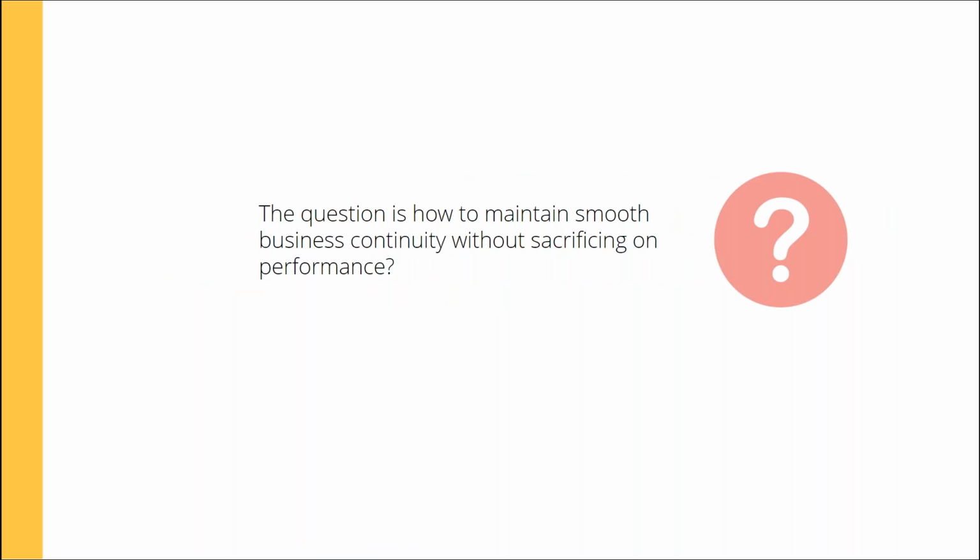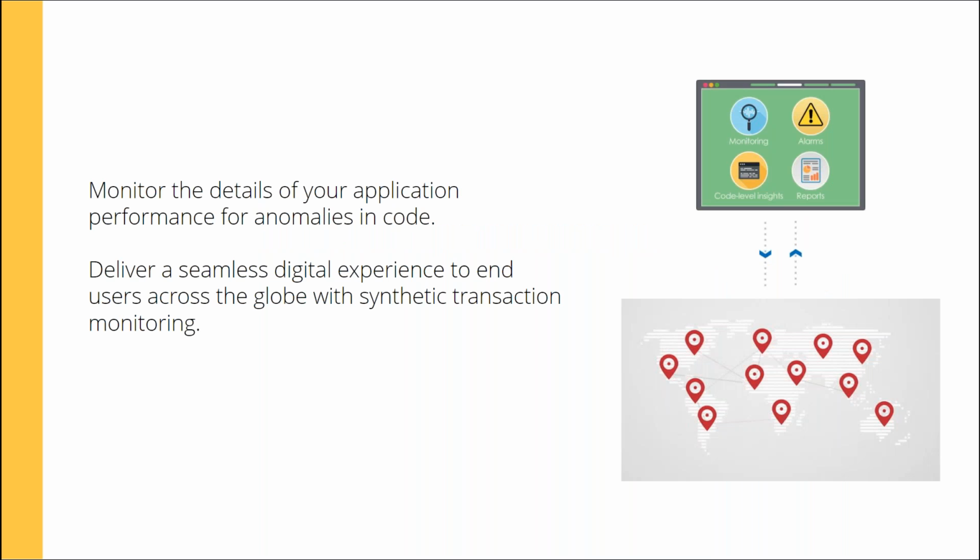Now the question is, how do we maintain smooth business continuity without sacrificing performance? As we all know, on many occasions we might be forced to compromise on application performance in order to have smooth business continuity. So how do we maintain smooth business continuity at the same time without sacrificing performance? In order to do that, we need to have a complete insight into the application performance running in our setup.